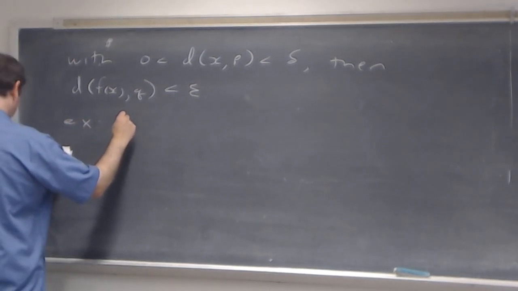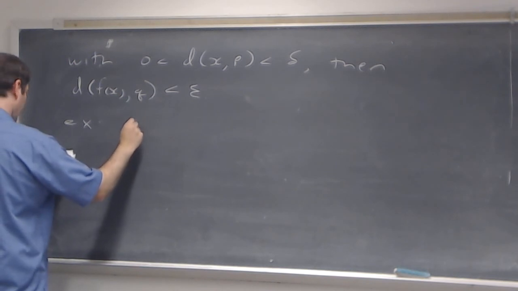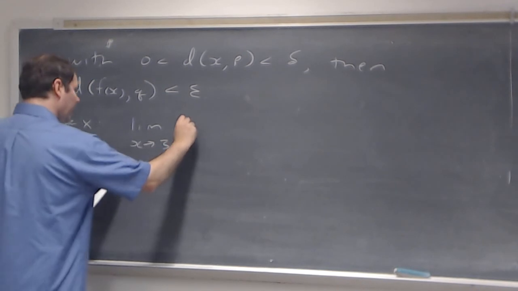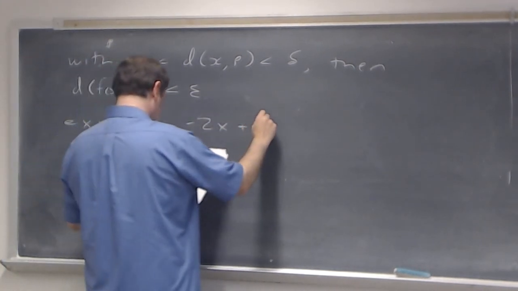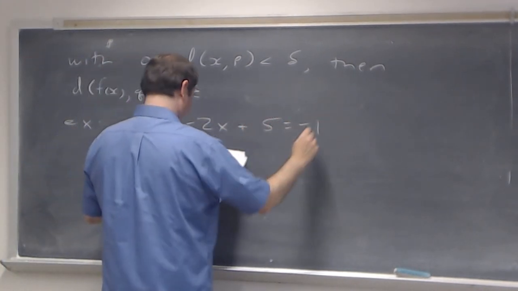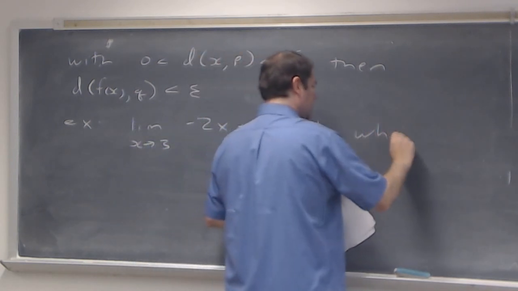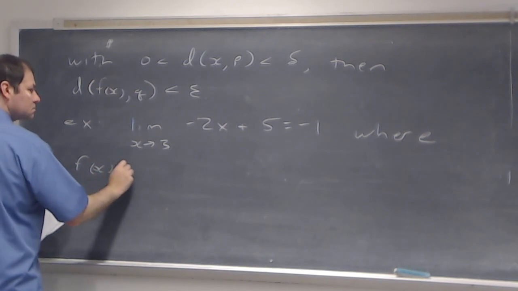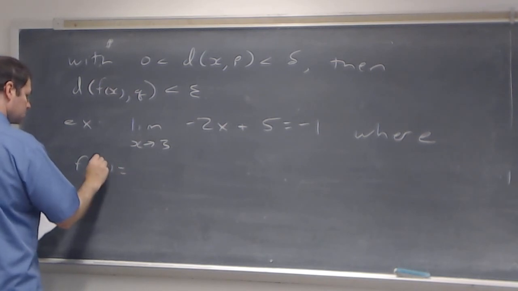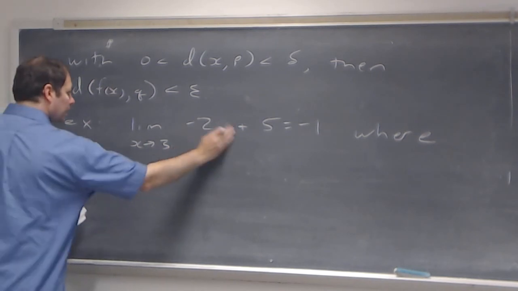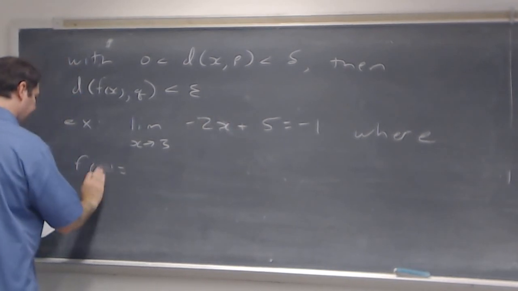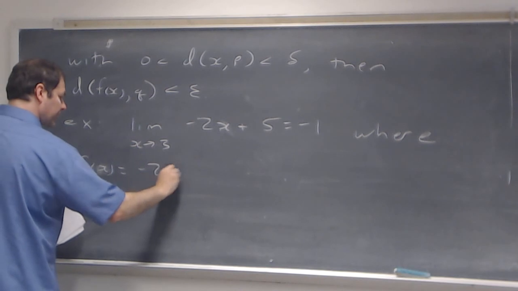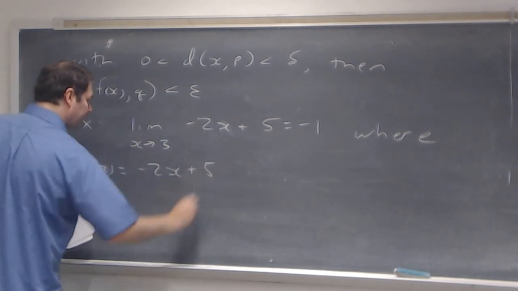So let's show that the limit as x goes to 3 of minus 2x plus 5 equals minus 1, where we're considering f of x as our function. f of x is equal to minus 2x plus 5.